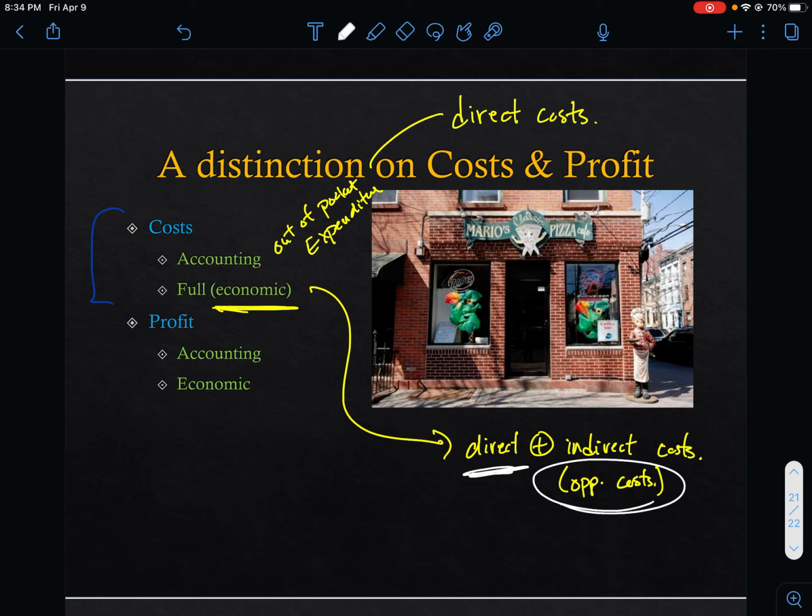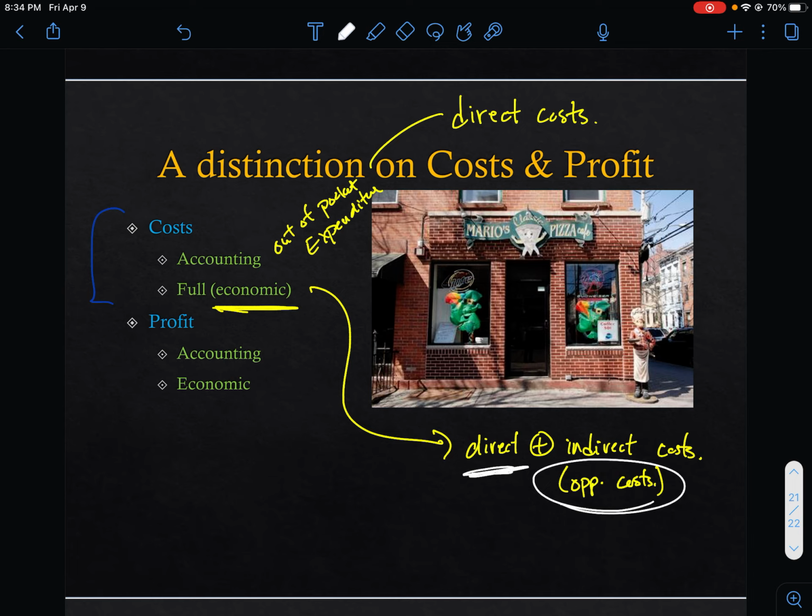Now, if you write a check for taxes and insurance, that's an accounting cost, and it would be an economic cost. But what about the value of the store itself? You own it free and clear, so you don't pay rent for the place itself. You don't lease it. You're not paying the bank. You own it. You're not cutting a check. So in the accountant's view, that is not a cost.